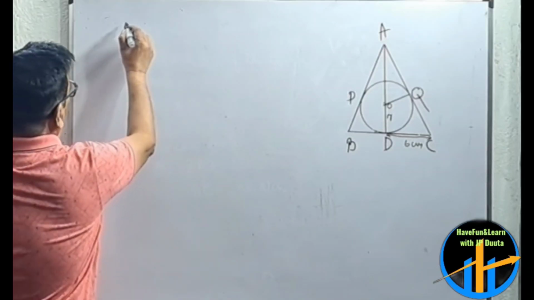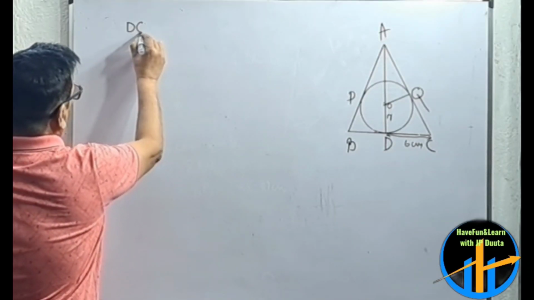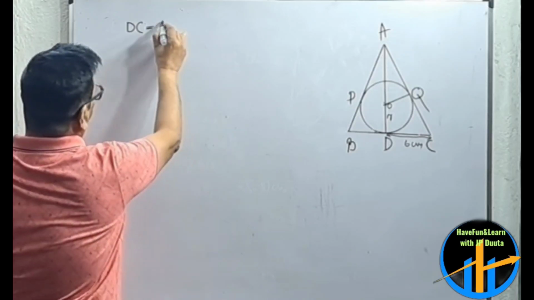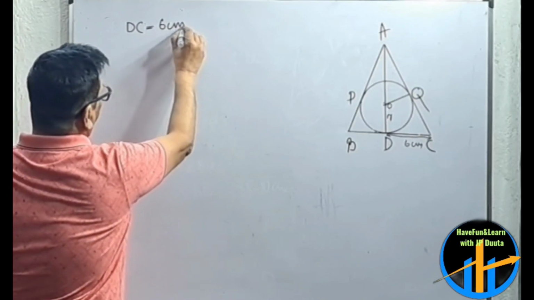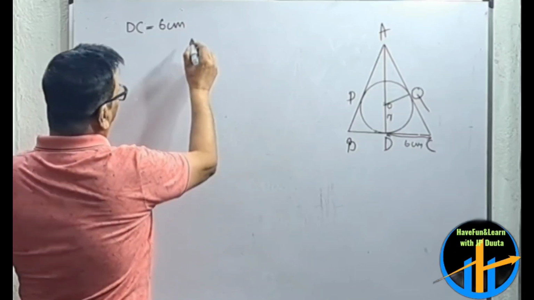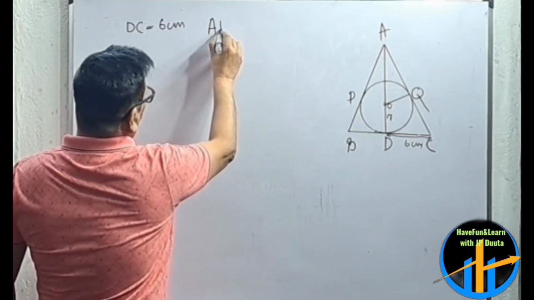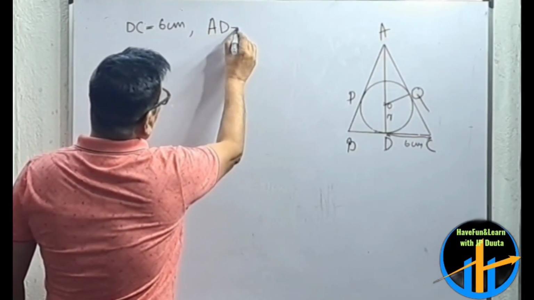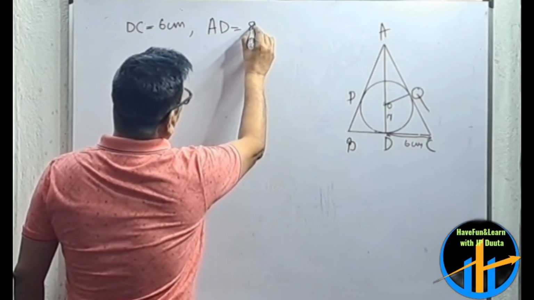Now let us find out what we got. We got DC is equal to 6 centimeters. AD is equal to 8 centimeters.